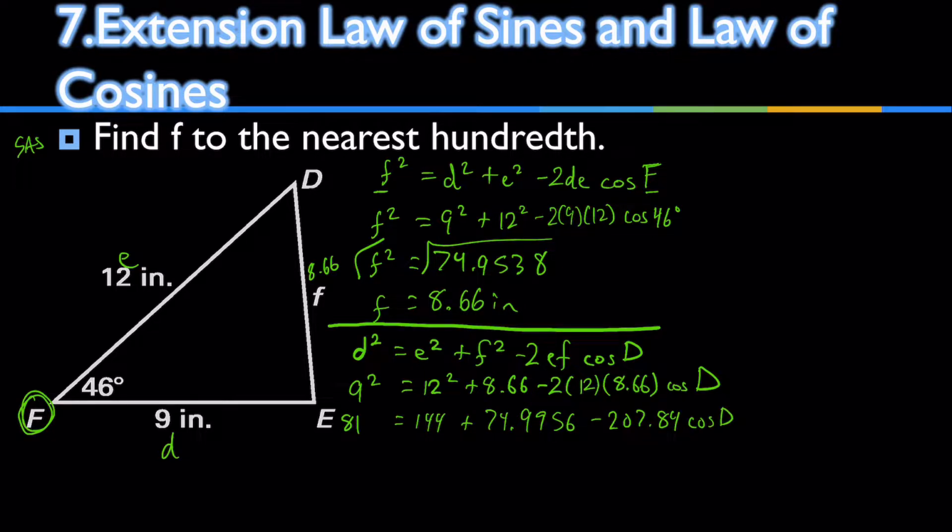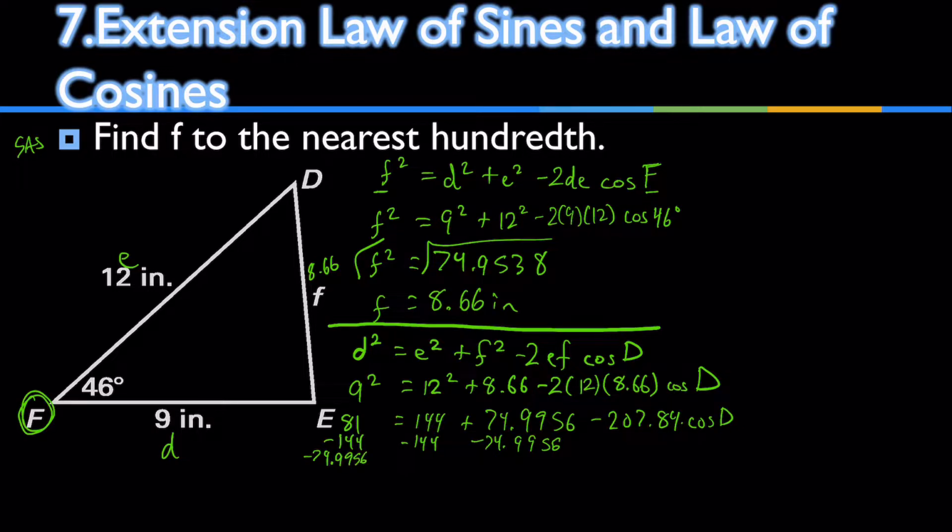All right, I would like to solve for D, which means I need to get rid of things away from the D. So start with the furthest stuff away. We'll subtract the 144. We can also subtract the 74.99. You can't subtract the 207 because it's times cosine D. So we're getting rid of things that are added and subtracted first.